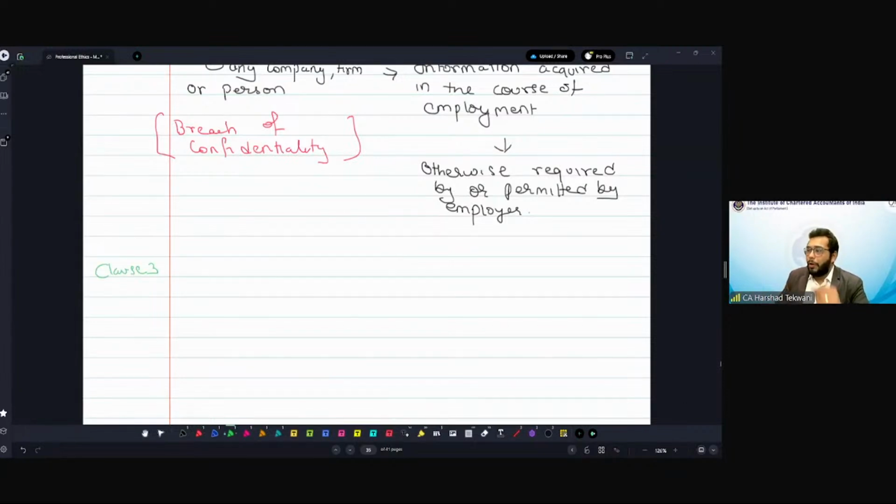Clause 3 talks about if a member of the institute, whether in practice or not, includes any information or any statement, written or in any form, which is submitted to the institute, council, committees, director discipline, board of discipline, disciplinary committee, quality review board, or appellate authority, which he knows to be false.